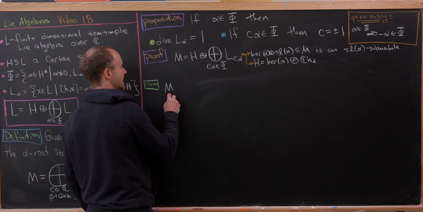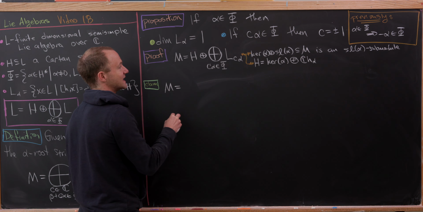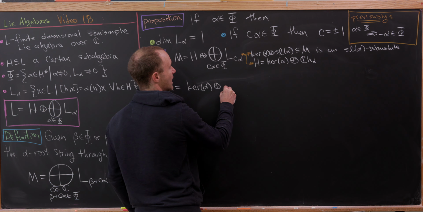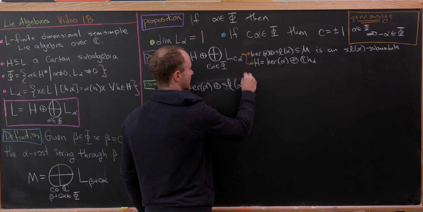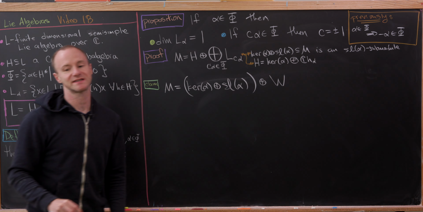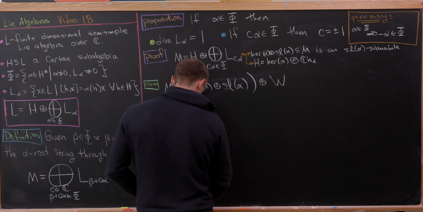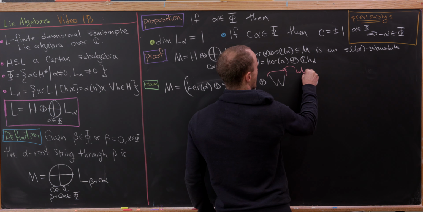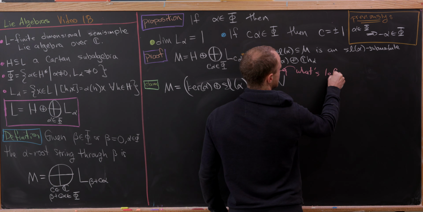Well, that means that we can take M and decompose it as the kernel of alpha plus SL alpha, and then plus whatever else is left over. So let's point out that this W is what's left over.